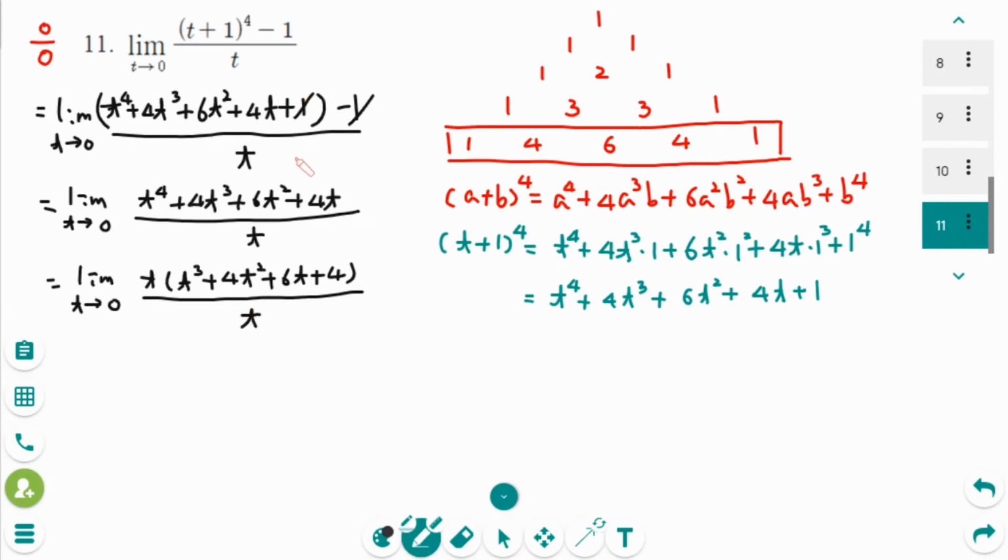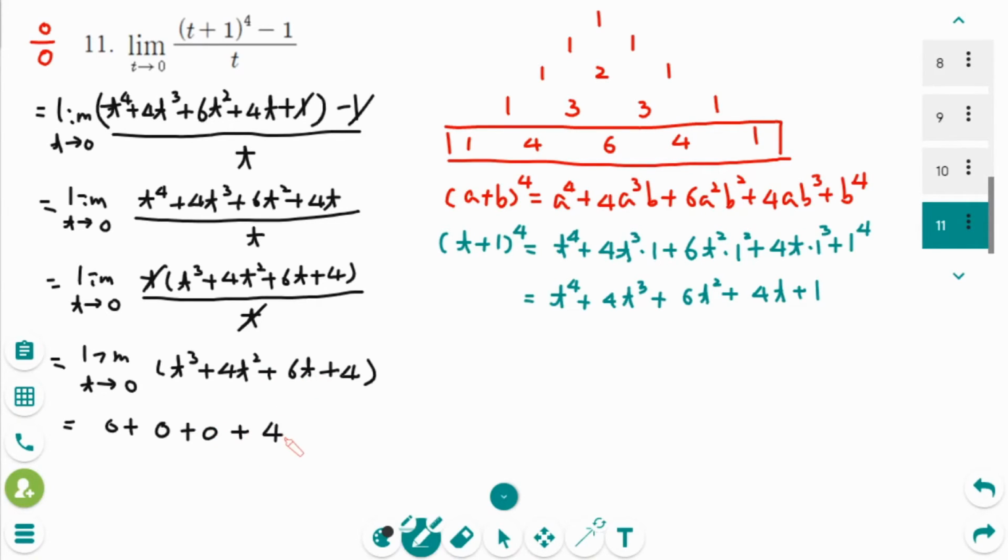Then cancel these two. So t cubed plus 4t squared plus 6t plus 4. Then put 0 into t. So 0 cubed plus 4 times 0 squared, which is 0, and 6 times 0 is 0, plus 4. So the final answer is 4.